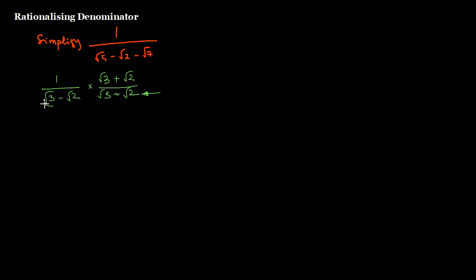How would we do that? If I take this, it looks like a plus b into a minus b, which is a square minus b square. And if I do the same thing, root 3 square minus root 2 square is going to give me 3 minus 2, sorry, that will be 1.